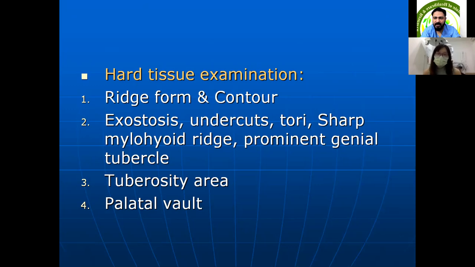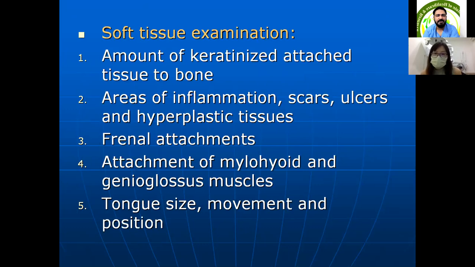All these things should be examined. In soft tissue examination: amount of keratinized attached tissue to the bone, areas of inflammation, scars, ulcer and hypoplastic tissues, frenal attachments, attachment of mylohyoid and genioglossus muscle, tongue size, movement and position.